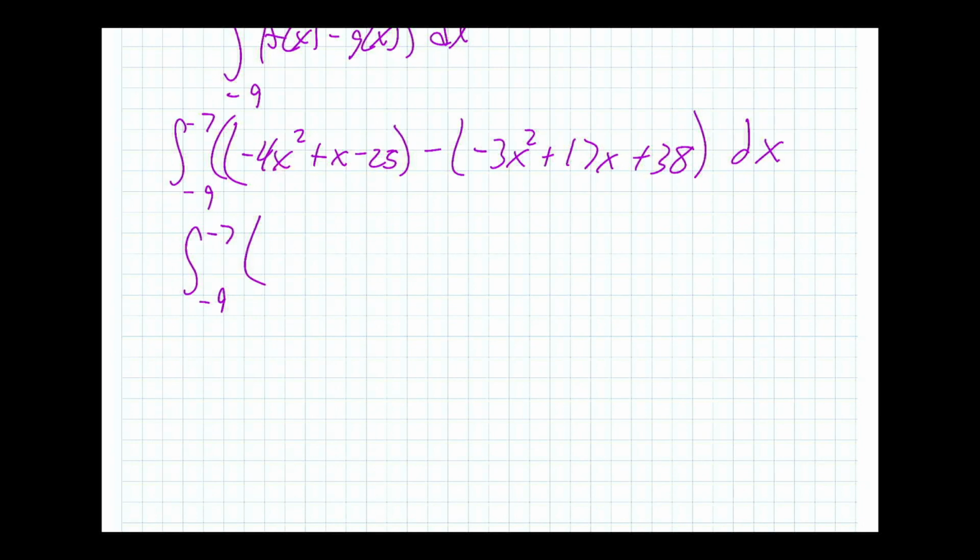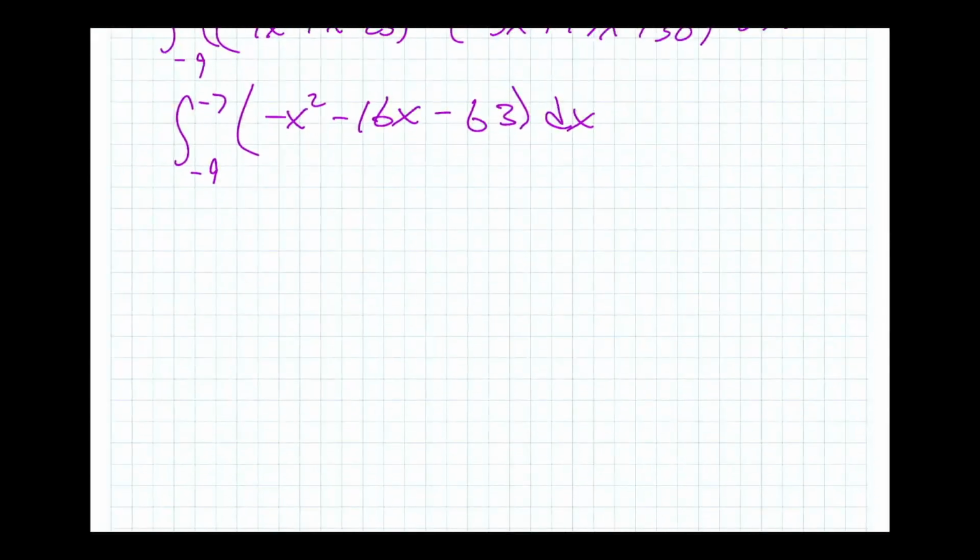So negative 4x squared minus negative 3x squared is a plus 3x squared, so that's going to be negative x squared. x minus 17x, so that's going to be negative 16x. Negative 25 minus 38, it's going to be negative 63. So those are the same numbers we already saw, they just happen to be in the opposite sign, and that's fine. This is just the way it works out.